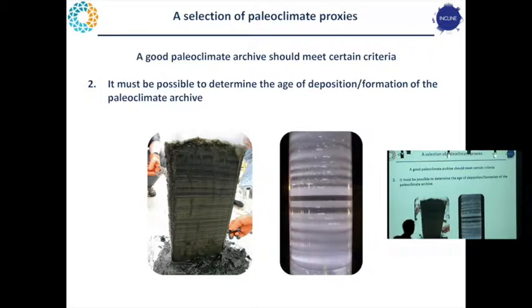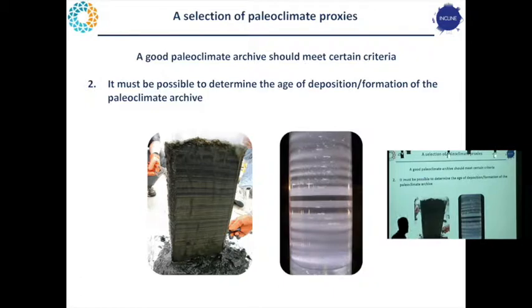But before we go there, I want to show now some examples of the second criterion I told you a paleoclimate archive has to meet before it can be considered a good paleoclimate archive. Okay? And that was the dating. Someone came earlier to me and asked about dating different records.